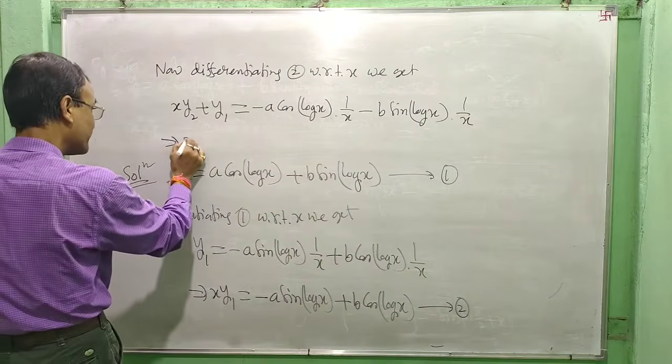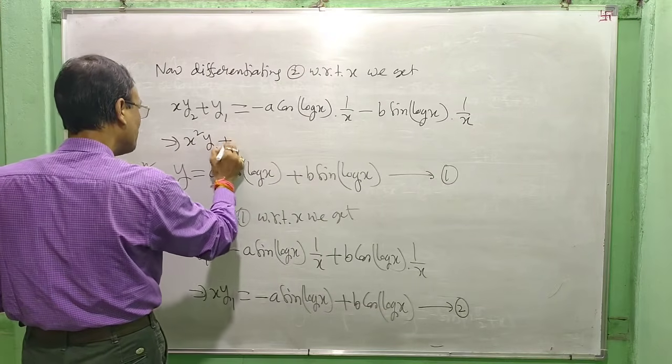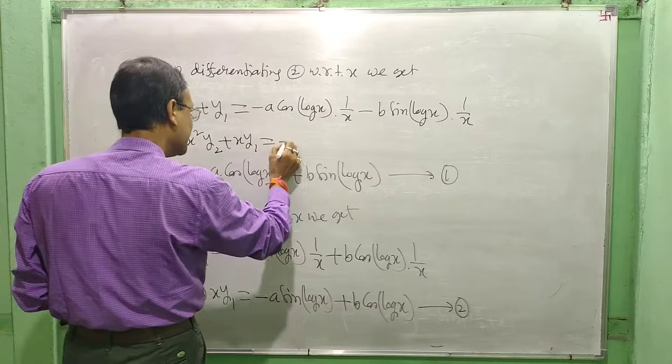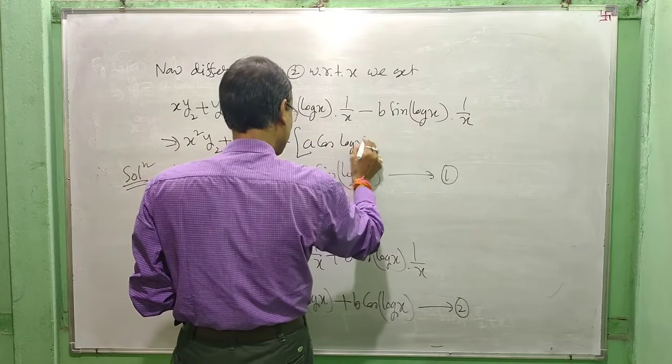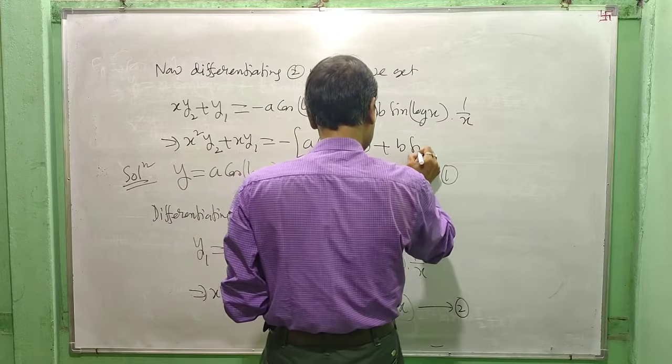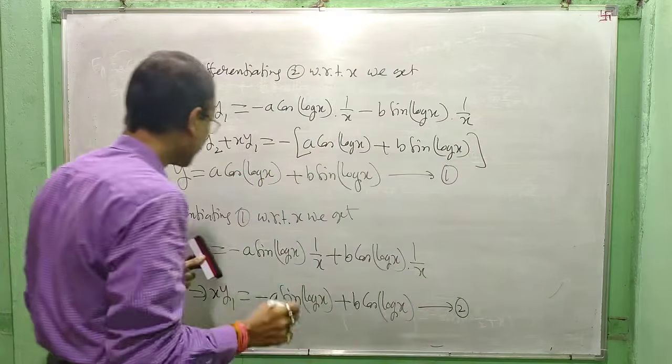This means x square y2 plus x y1 is equal to minus (a cos log x plus b sin log x).